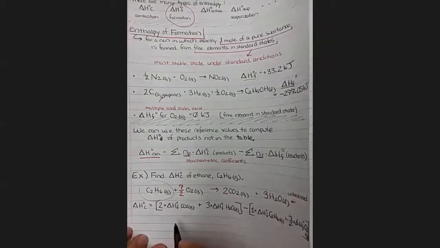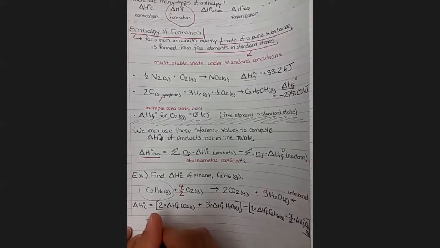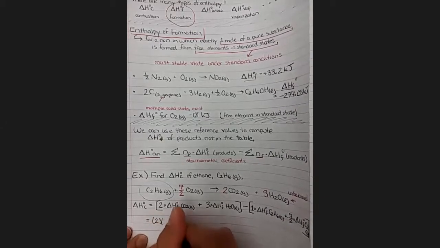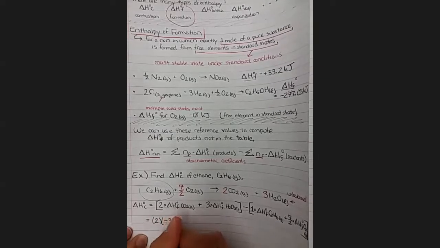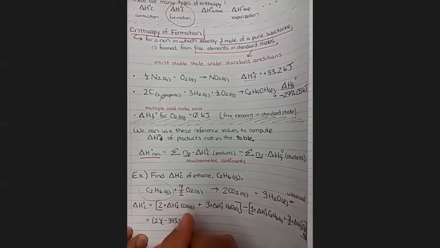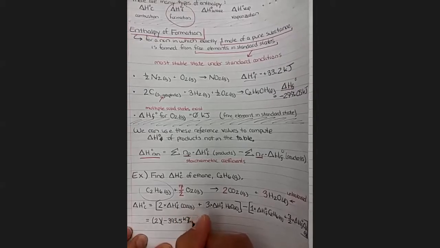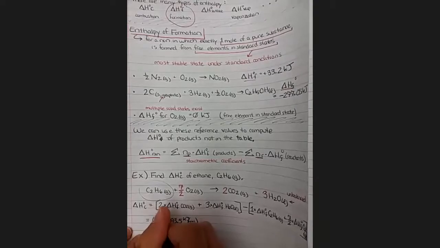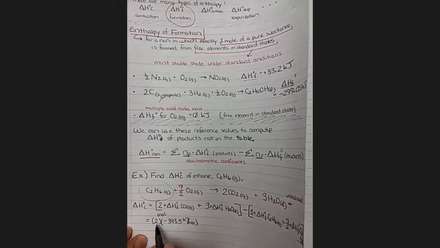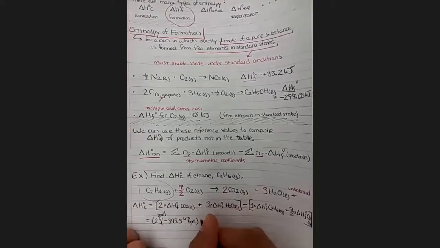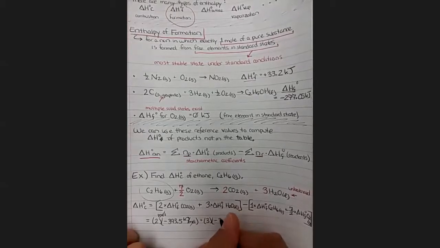So now we're going to go to the reference table at the back of the textbook and look up the numbers that we need. So we're going to have 2 times the number here for carbon dioxide, which is negative 393.5. And these numbers have units of kilojoules per mole. And this is going to be 2 moles. So 2 moles times this many kilojoules per mole is just going to give us kilojoules. We want to do the same for all of them, but I'm going to be lazy because I did it for the first one.